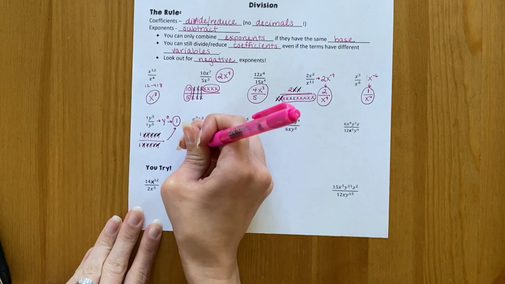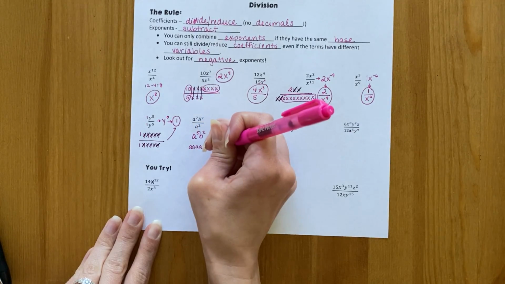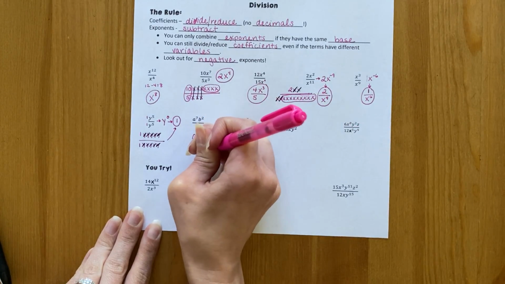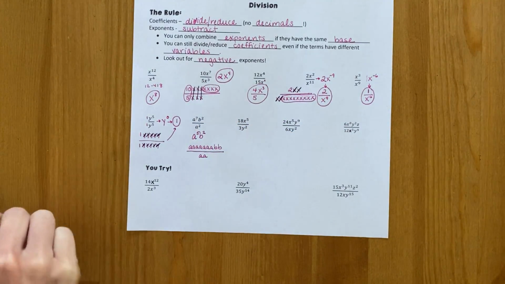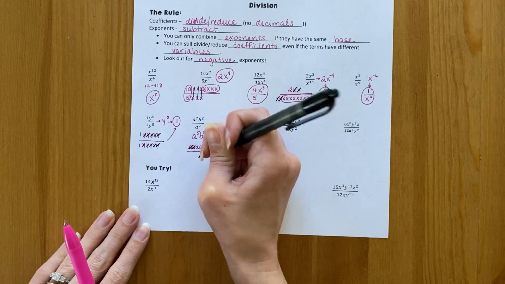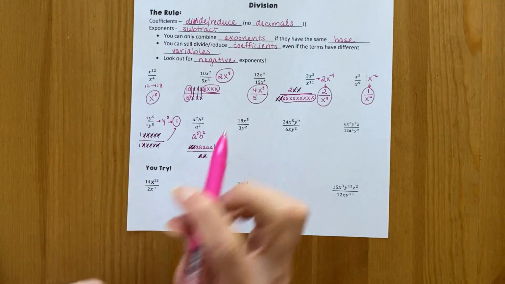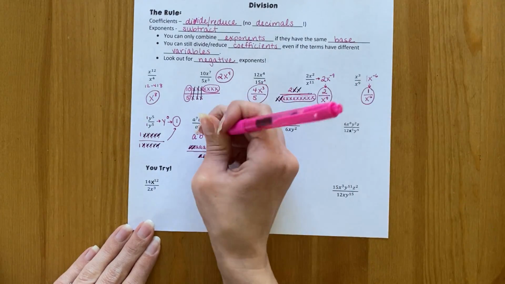If you see this broken out, you have 7 a's and 2 b's on top, and then 2 a's on the bottom. Okay, and you can cancel any 2 a's you like from the top with those 2 on the bottom, and that should leave you with these 5 a's and 2 b's up there on the top.